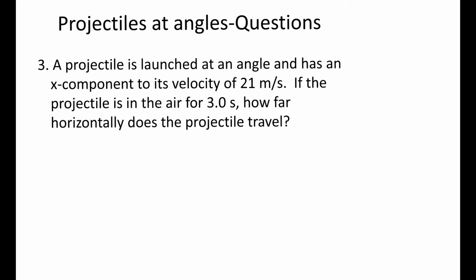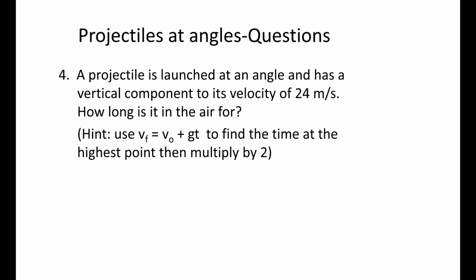If the projectile is in the air for 3 seconds, how far horizontally does it travel? 63 meters. It's moving at 21 meters per second horizontally. So after 3 seconds, it'll have moved 63 meters horizontally. 21 times 3.